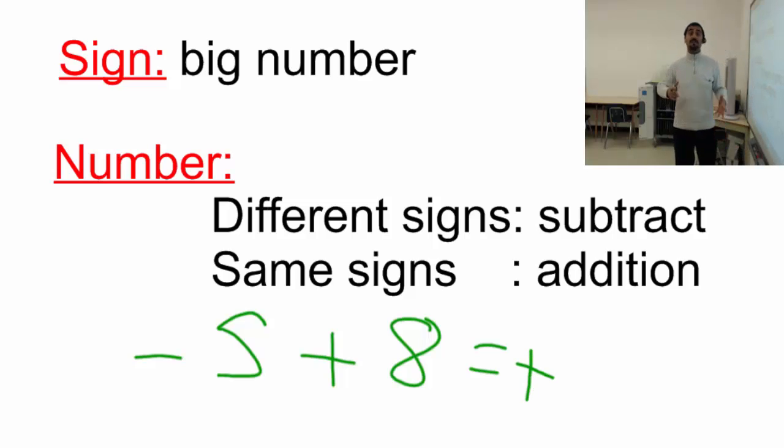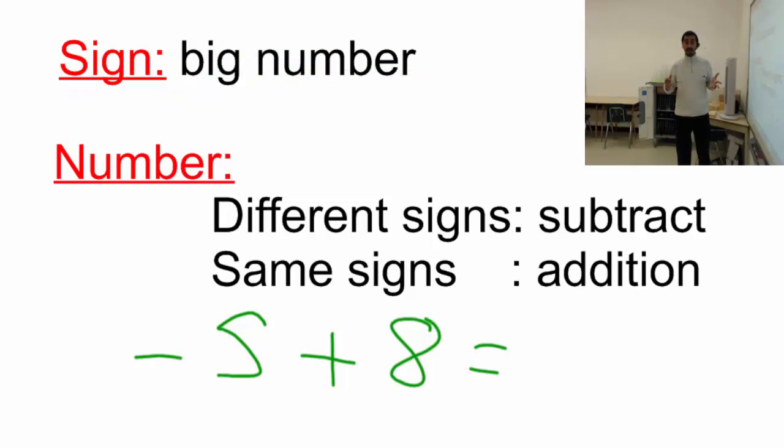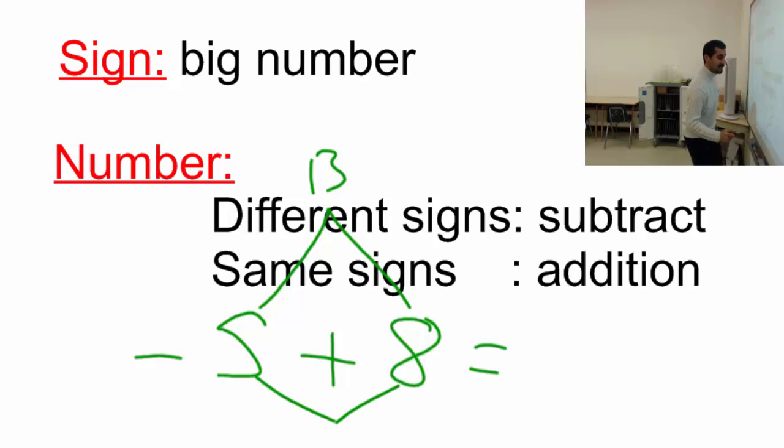So sign first. And plus sign is something you do not write down. No sign means plus. So I'm going to delete that anyway. Now number. So the answer is whether you will add the two numbers together, which is 13, or you will subtract the two numbers, which is 3.